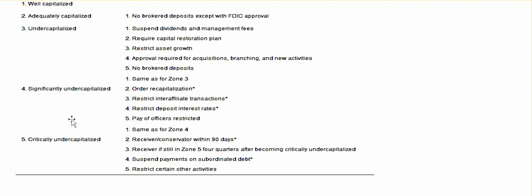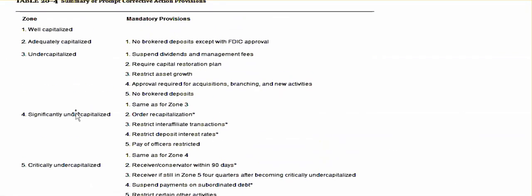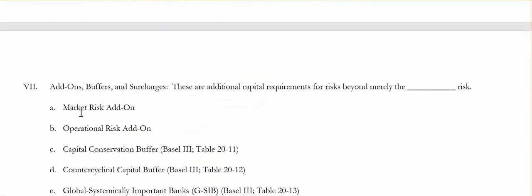So basically, punishments to equity and management, basically you don't want them to be taking out cash from the bank when it doesn't have adequate capital. And they have to have some plan in place to have more capital.